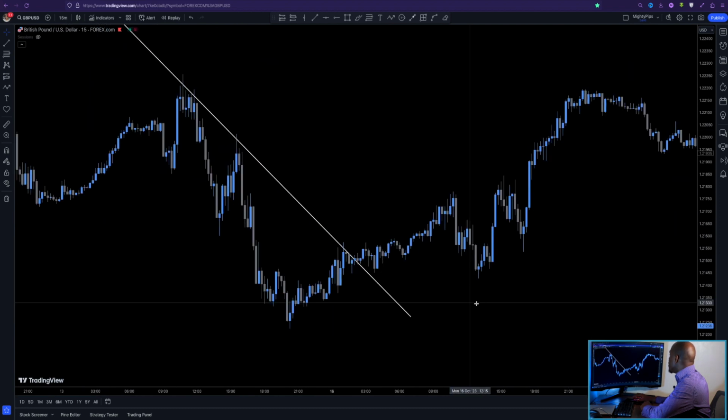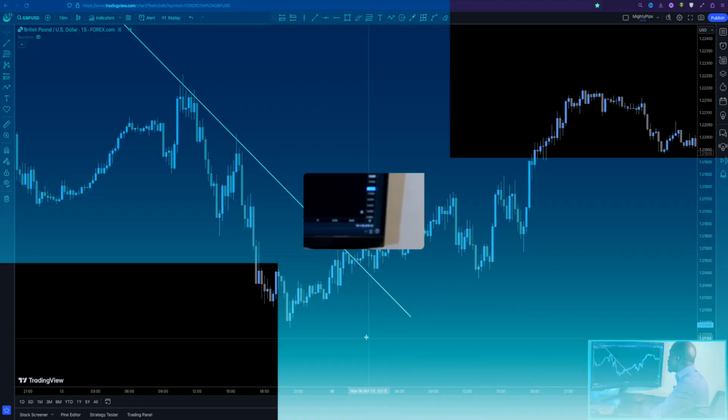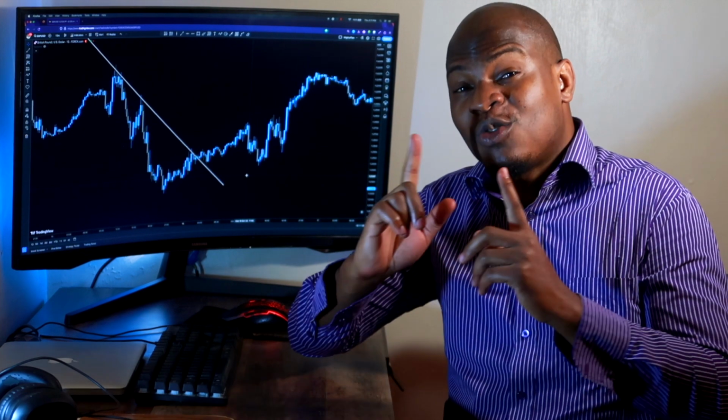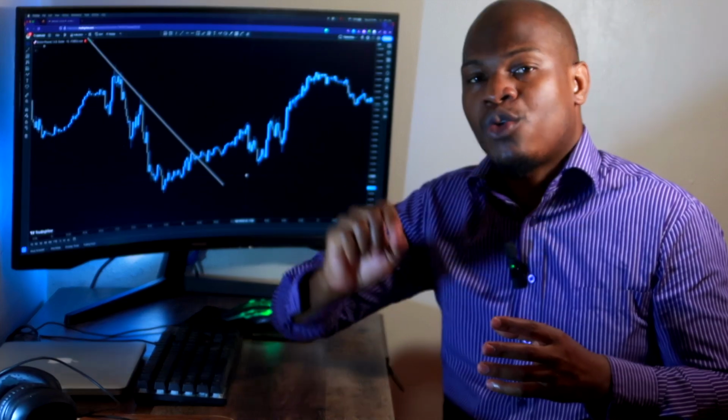You don't immediately take a trade. What you want to do is wait for the next high to be created. Wait for the next high after the trend line has been broken on the lower time frames. On the next high, you want to wait for that next high to produce a retracement.